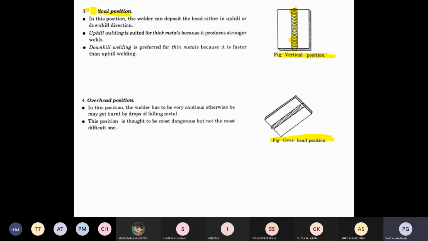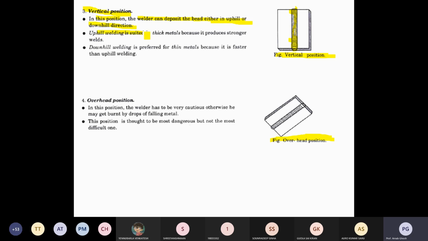In the vertical position, the welder can deposit the bead in either the uphill or the downhill direction. Uphill means you start welding from that point and come toward the downhill position.